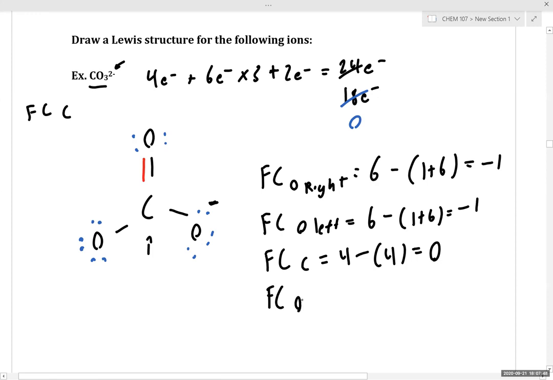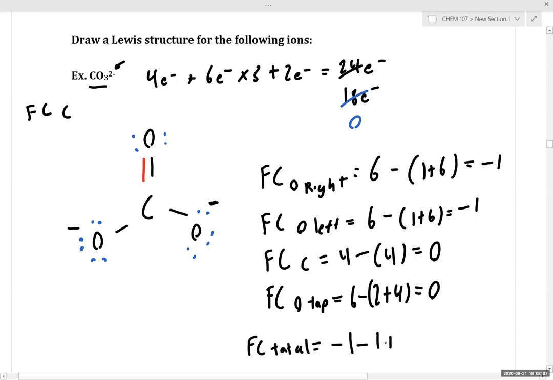Finally, the formal charge of our oxygen on top, we have 6 minus our 2 bonds plus 4 lone pair electrons, and that gives us a formal charge of 0. So as we can see, if we add up all of our formal charges, we have -1 minus 1 plus 0 plus 0, we end up with a total charge of -2, which matches our molecule's total charge of -2.